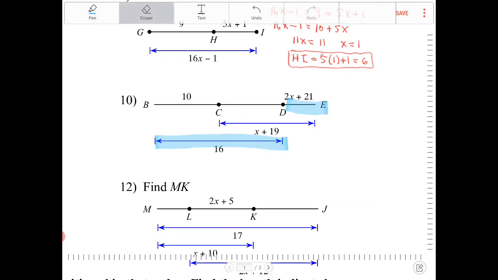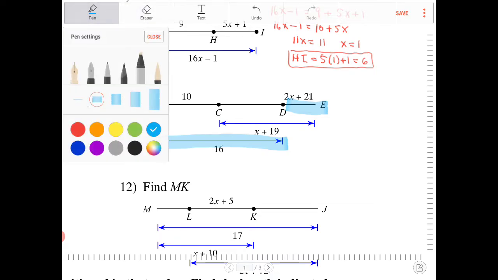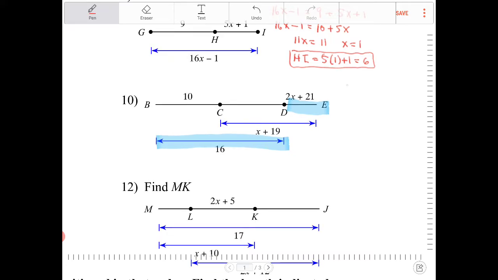So I have information about the full length. I can say that BD plus DE will equal the full length, BE. So that's what I can write first.